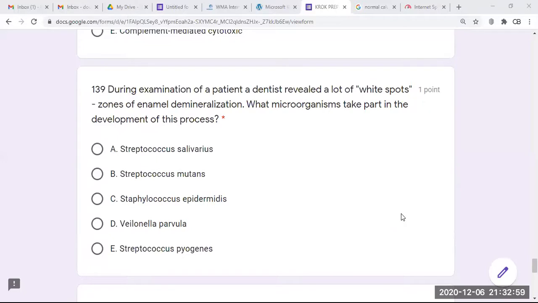During examination of a patient, a dentist revealed a lot of white spot zones on the enamel in enamel demineralization. What microorganism takes part in the development of this process? Okay, so in our mouth, we have normal bacteria resident in every part of our body, and we call them normal flora.